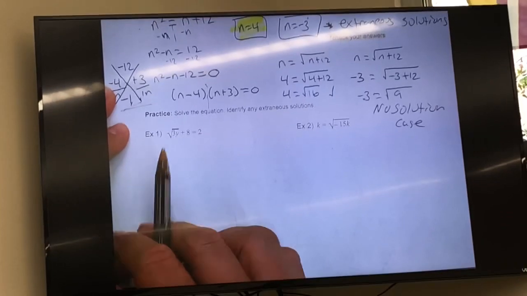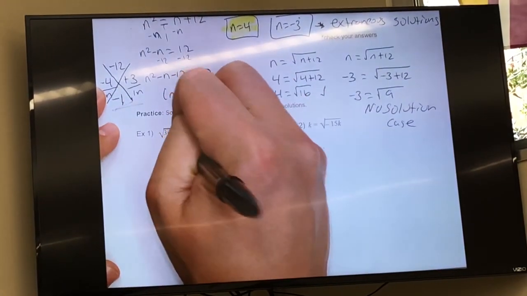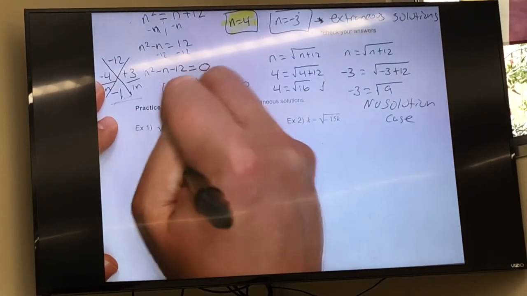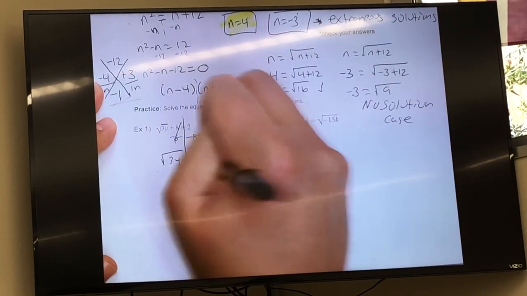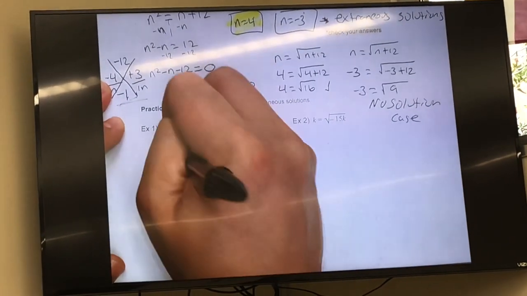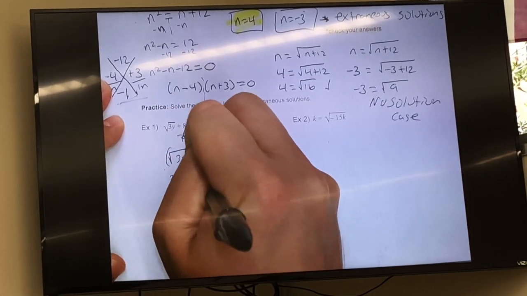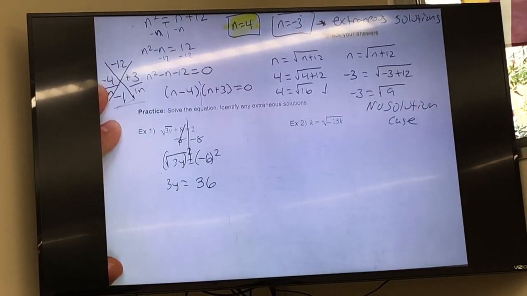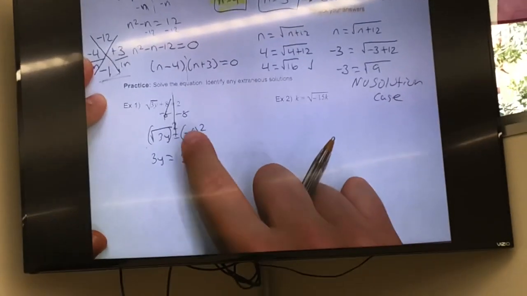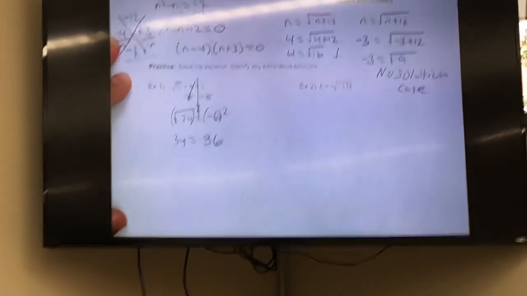So example 1, we are going to subtract 8 from both sides, which gives us -6. We are going to square both sides to get 3y is equal to positive 36, because -6 times -6 makes positive 36.